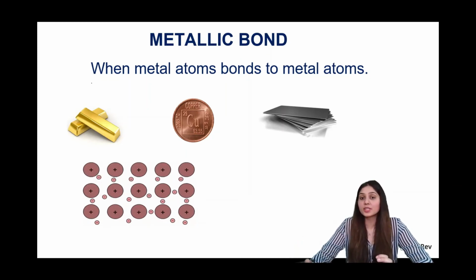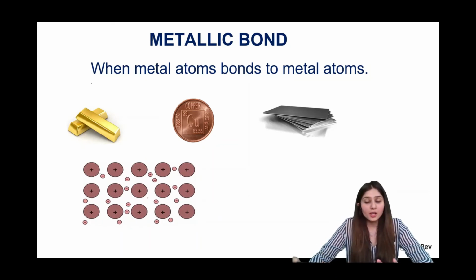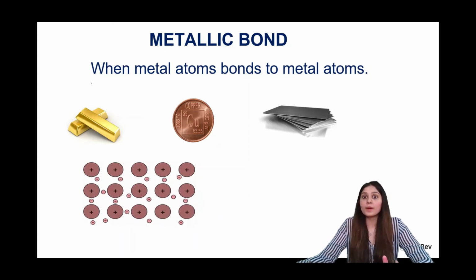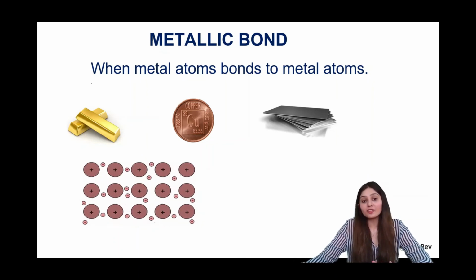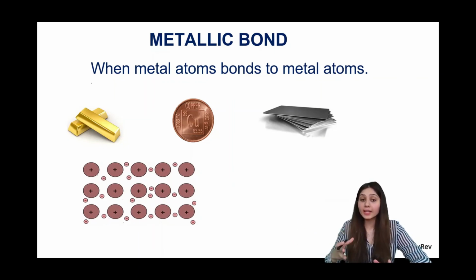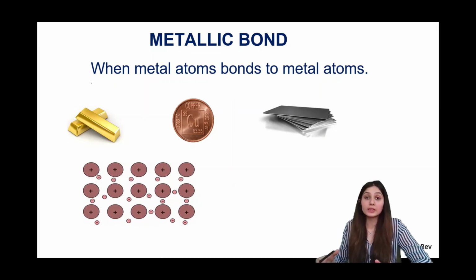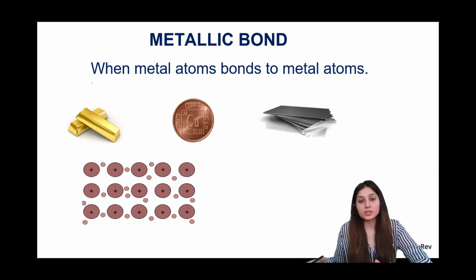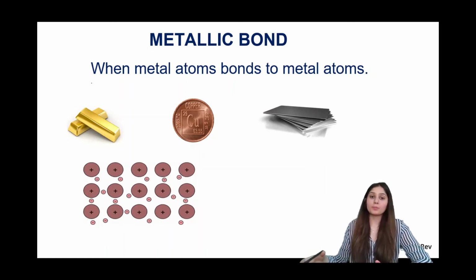The positive charges exist in a pool of electrons, right? So one would expect all the positive charges to repel each other, right? Because positive should repel. But they are actually attractive because we have a pool of electrons, and that is called a metallic bond, which is again an electrovalent bond because the positive metal kernel is attracted by the electrons around it. So that is what a metallic bond is, okay?